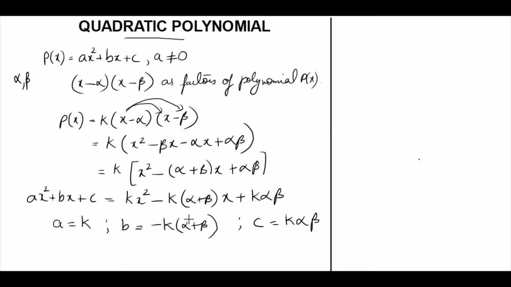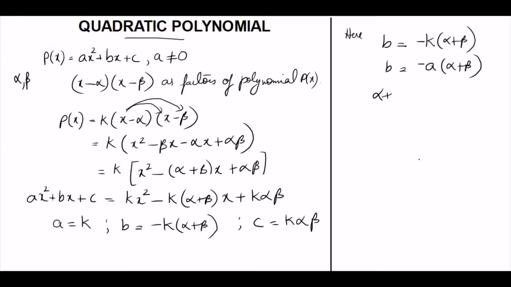Now from here you can write the relationship between the zeros and coefficients. Since b is equal to minus k (alpha plus beta), and k is a, in terms of coefficients you can write minus a (alpha plus beta).